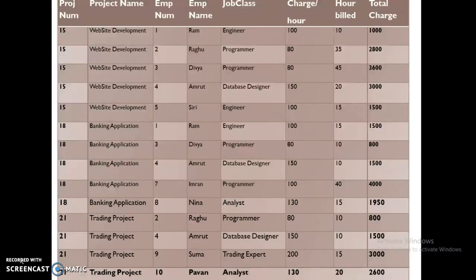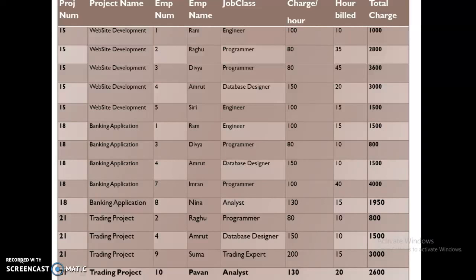The other condition that we have to meet is that there should be a proper primary key within this structure. Now we notice that project number alone cannot serve as a good primary key since it is repeated multiple times for as many employees that exist within one project. Also, we notice that each employee is working on multiple projects. Therefore, just employee number also cannot serve as a primary key.